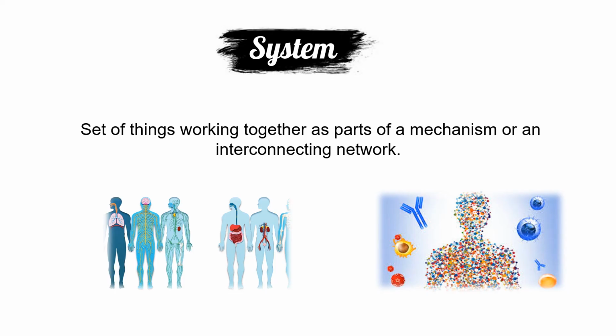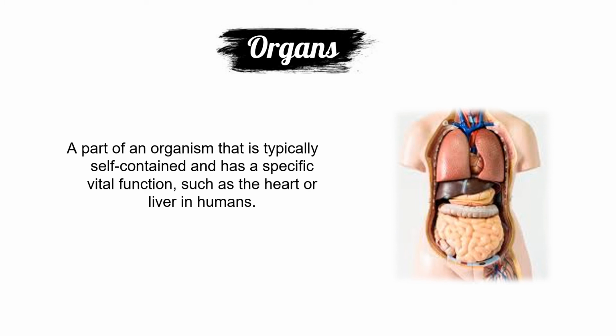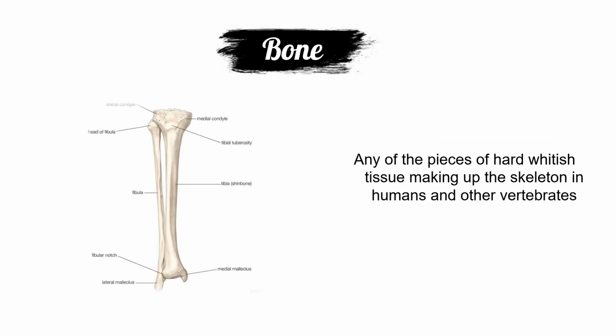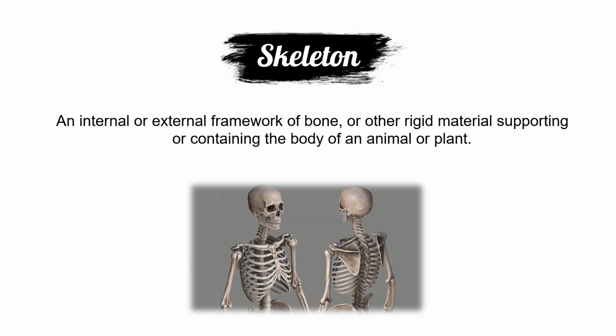Set of things working together as part of a mechanism or an interconnected network. A part of an organism that is typically self-contained and has specific vital functions, such as the heart or the liver in humans. A bone is any of the pieces of hard tissue making up the skeleton in humans and other vertebrates. An internal or external framework of bone or other rigid material supporting or containing the body of an animal or a plant.